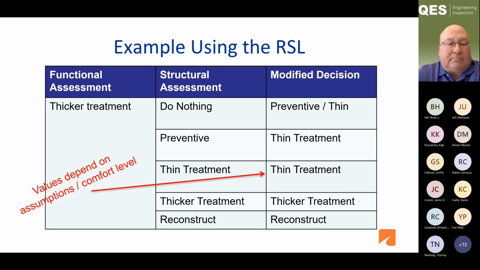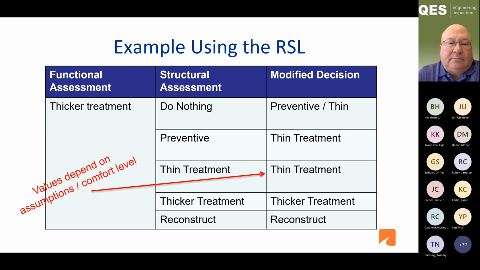And so here on this slide is an example. Let's say under a functional assessment, your recommended treatment was the thicker treatment, and in your structural assessment you have a range of possibilities, and then you can modify a decision. If your structural assessment says to do a preventive treatment, maybe you do a thin treatment instead, because the functional assessment needed something thicker. But perhaps your functional assessment was really influenced by the surface condition, while good structural condition exists.